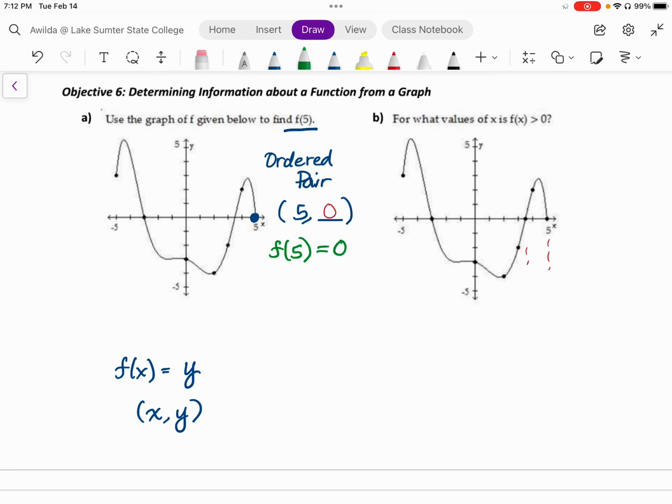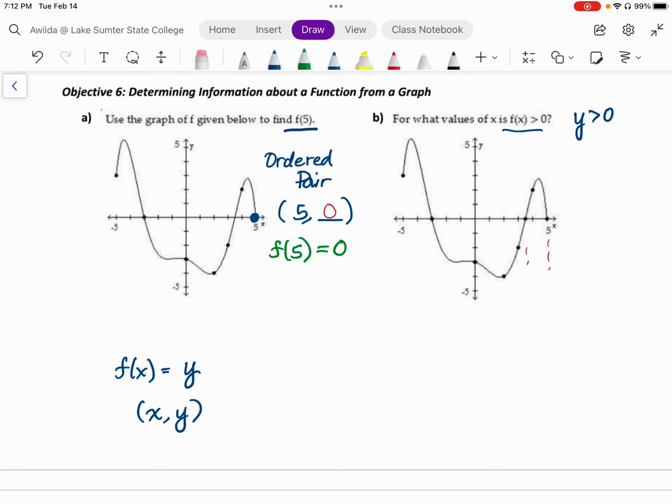In our second example, we're asked to find the values of x for which f of x is greater than 0. So basically, which ordered pairs have y greater than 0? Well, ordered pairs have a positive y-coordinate when they fall above the x-axis.